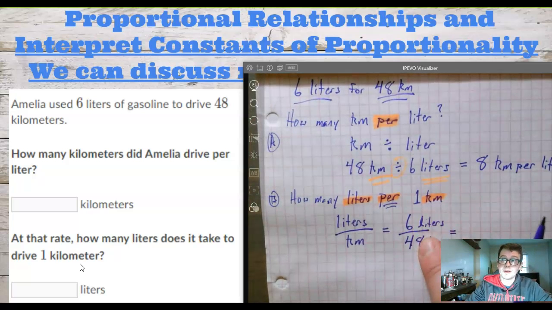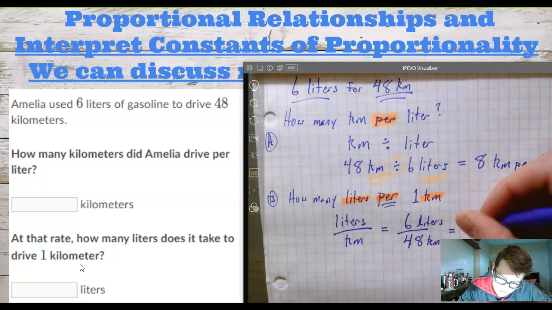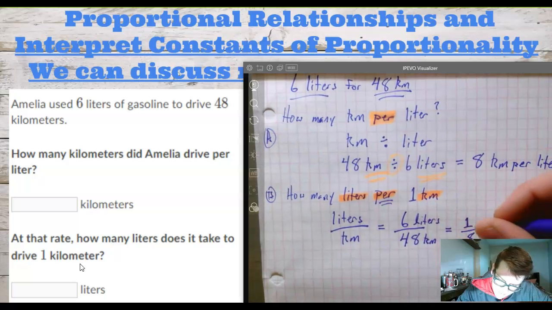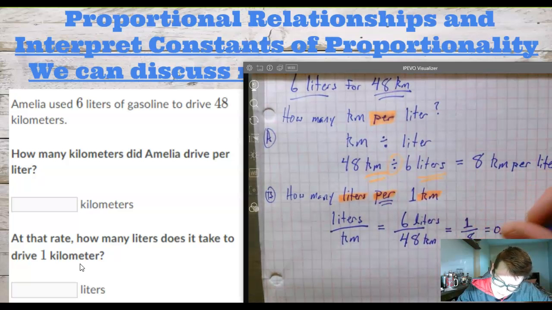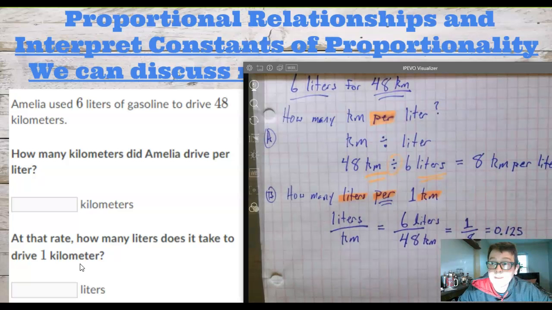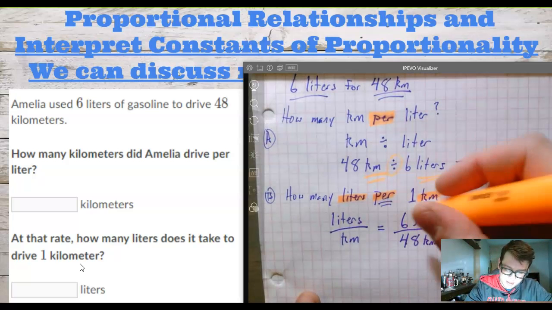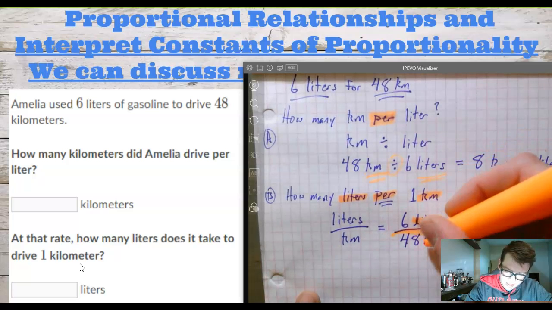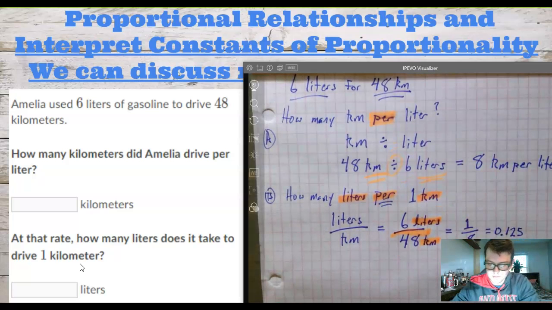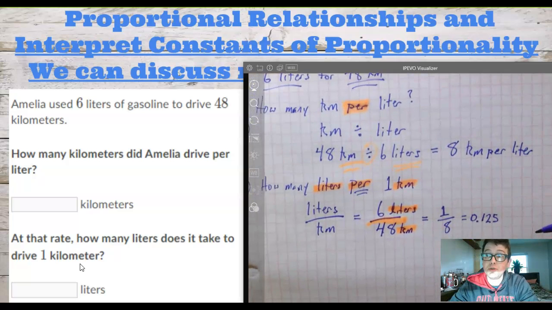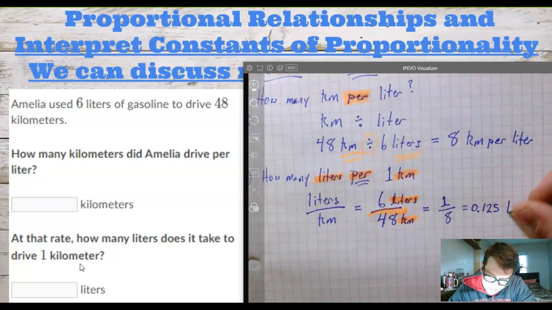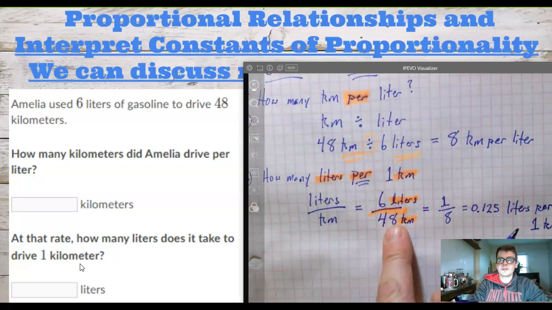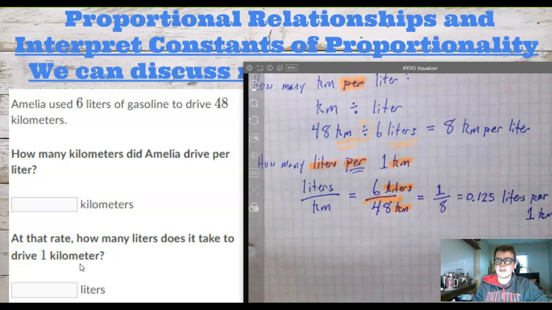What is 6 divided by 48? It's actually 1/8 or 0.125. Our label, again, comes from the problem, liters divided by kilometers, so liters per kilometer. And that gives us the unit rate answer of liters per 1 kilometer. When we do the division, we get the unit rate answer.